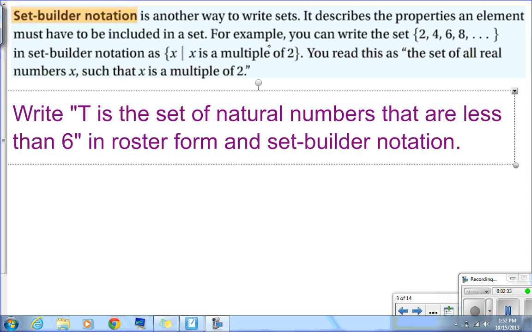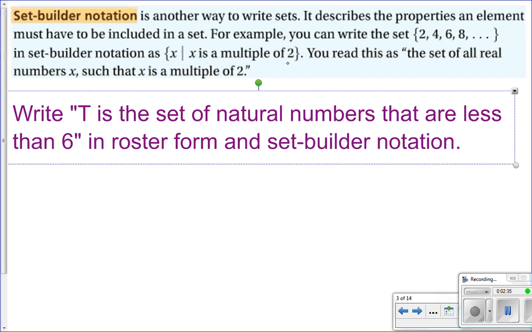So, right here is an example of set builder notation. And notice it still has the brackets, but unlike roster form, which is over here, where I'm circling with the pen, 2, 4, 6, 8, this one just lists all the elements that are contained in the set.